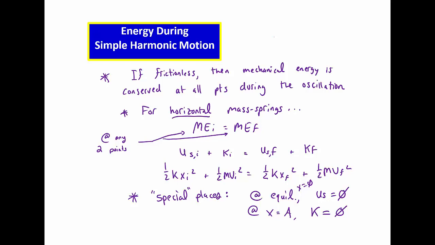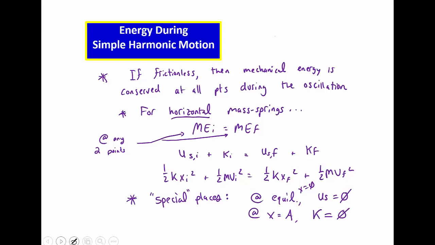And then we also noted that at the amplitudes, those two positions where we had the maximum stretch or compression, it wasn't moving, it was changing directions there, and kinetic energy was 0. There was no kinetic energy at all. It was all stored in the elastic potential energy at that point.